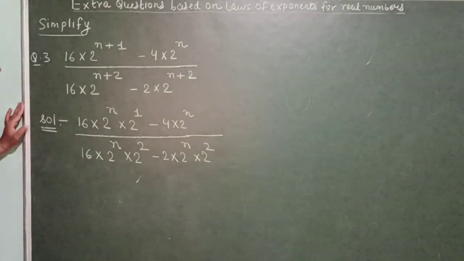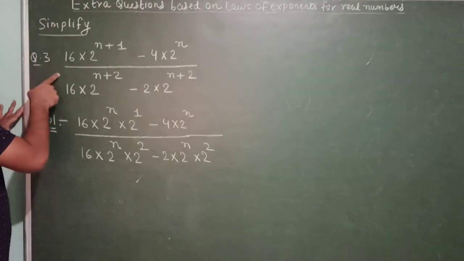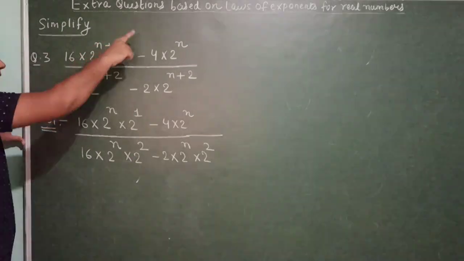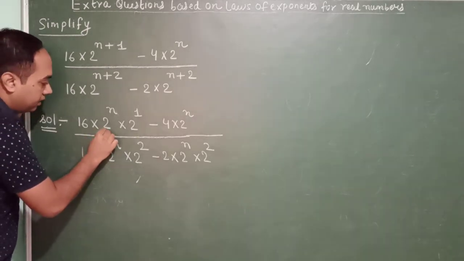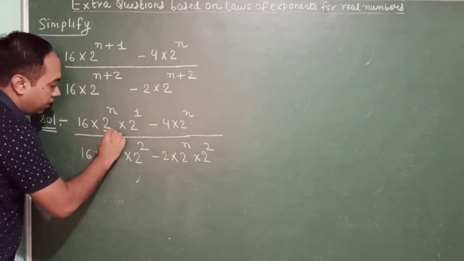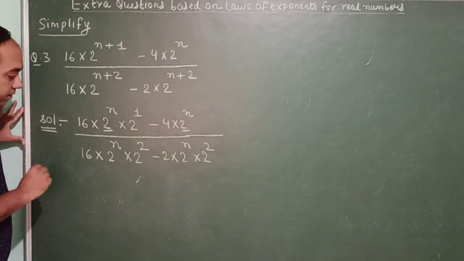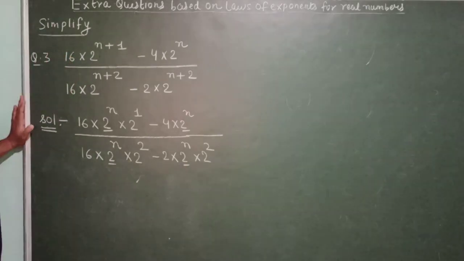Correct? Now in the next step, see, in the start of this lecture what I've told you that we need to remove this power n, and how this can be done. See, what I'm doing is I'm taking 2 power n common from the numerator as well as 2 power n from the denominator.